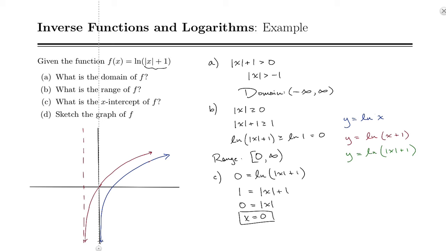So using my symmetry tool, I'll just kind of trace that portion. And that's what we get, the portion to the right of the axis, and then we reflect that across, and we get both of those. And there's our graph of f.